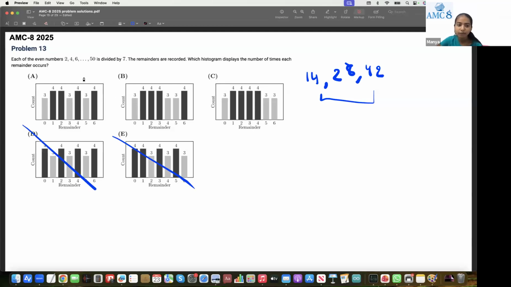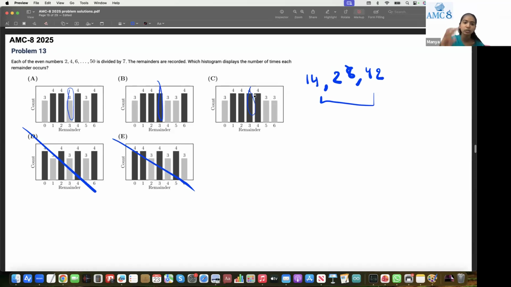Well, now if you look at the difference again, this one has 3 and this one has 4. This one has 4 as well. So they're saying that if they divide a number by 7, the remainder should be equal to 3. But there's only 3 numbers such as that, but this one is saying that there's 4 numbers, and this one's also saying 4 numbers.